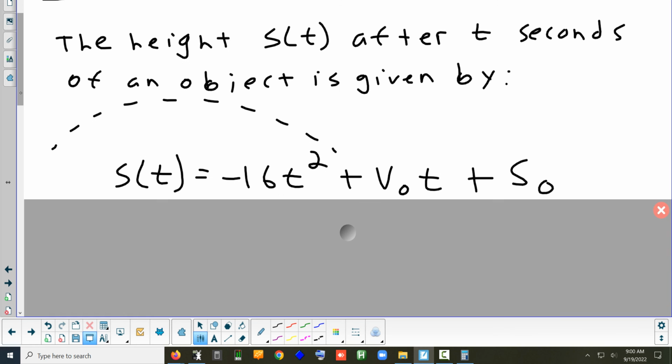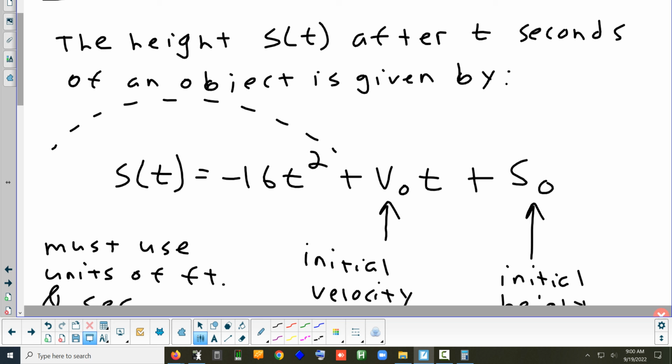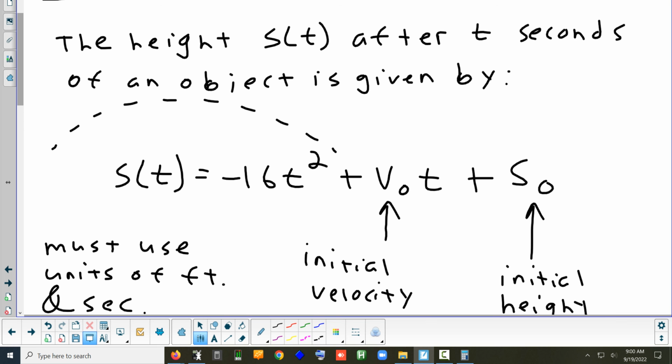And this negative 16, that comes from physics, so we're not going to worry too much about that. But the formula is negative 16t squared, and then there's a couple variables, plus v sub 0 t. Well, there's really a couple things that are going to control how this object travels. One is how hard did you throw it? What was the initial speed that you threw it at?